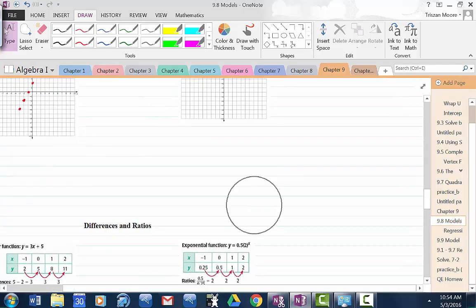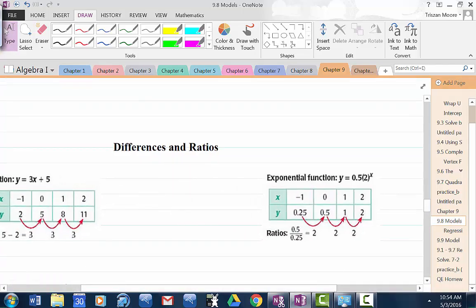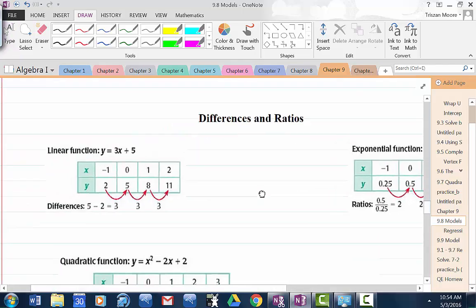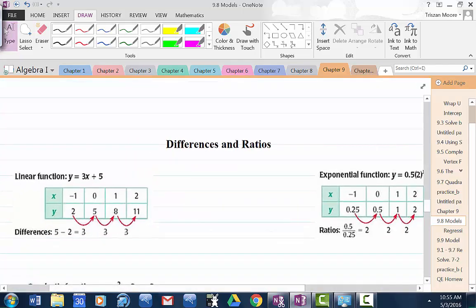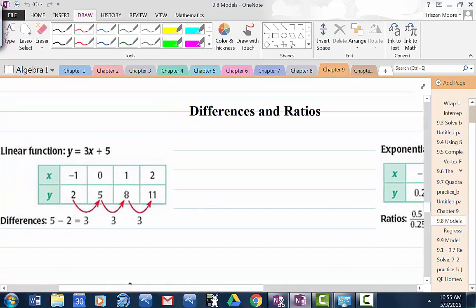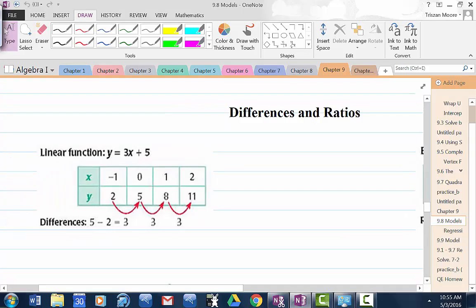Now, graphically, that's an easy part to do. If you were doing this algebraically just by looking at the chart, that's not a problem either. If you look at the differences or ratios of the actual outputs, in other words the y values, you can tell as well. For example, with linear functions, say you have this chart right here. The difference between 2 and 5 is 3, the difference between 5 and 8 is 3, 8 and 11, 3.